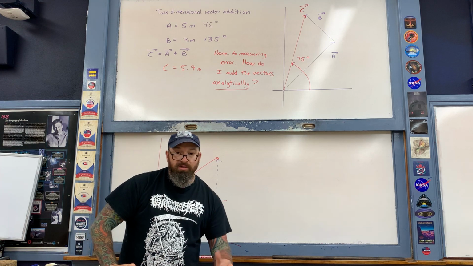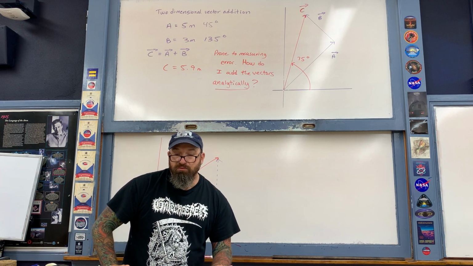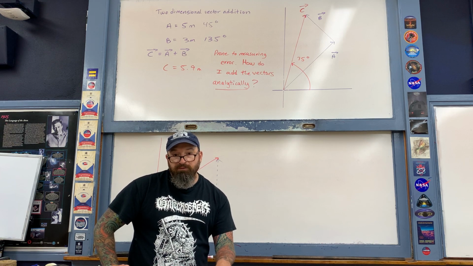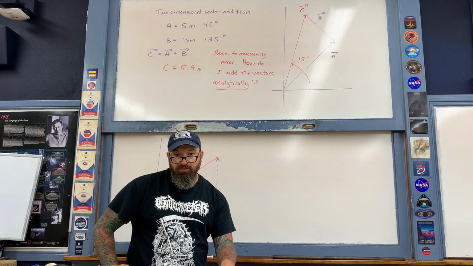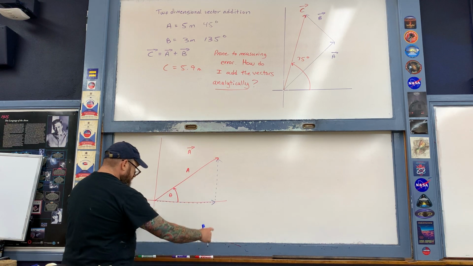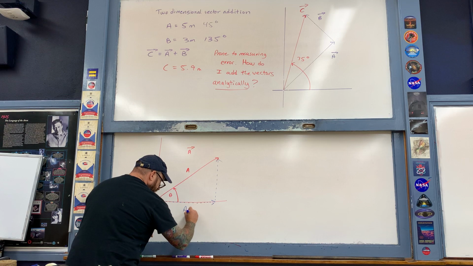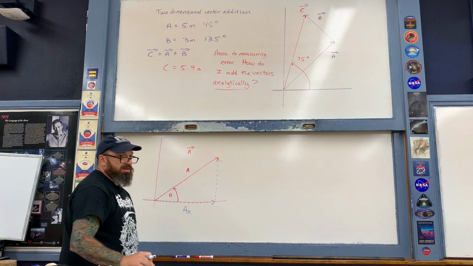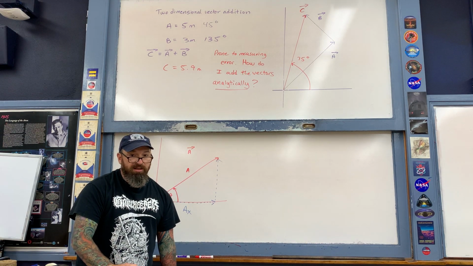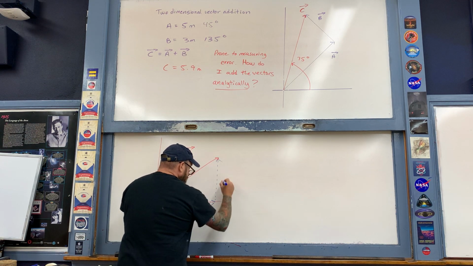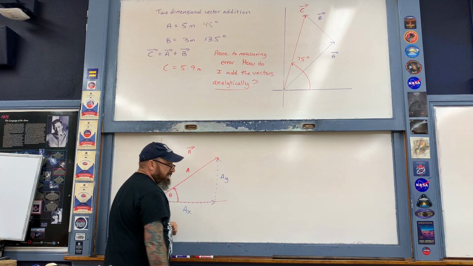What I end up with here, however, very simply, is a right triangle. The sides of the right triangle are referred to as the components of the vector A. The length of this component is referred to as a sub x. A sub x is the component of vector A that points in the x direction. The length or size of this component here is referred to as a sub y.